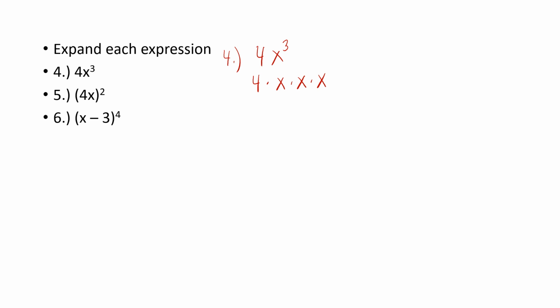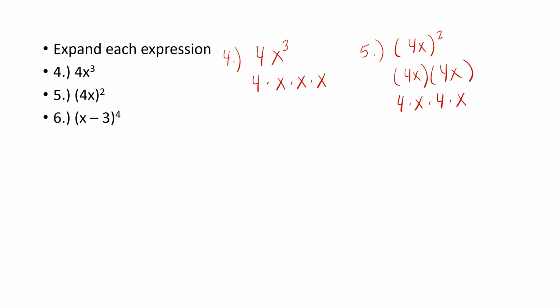Now that's different from problem 5. And what makes it different are the presence of those parentheses. So the squaring goes with whatever is immediately to its left. And so immediately to the left of the squaring is the parentheses, which means it's the parentheses that are being squared. So this would be 4x times 4x. Now you can write that different ways. So the parentheses indicate multiplication, but if you're more comfortable, you could say 4 times x times 4 times x.